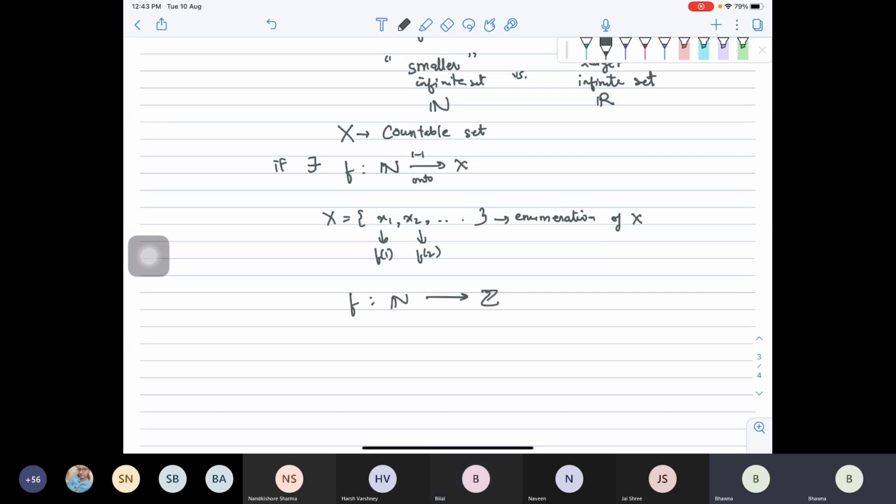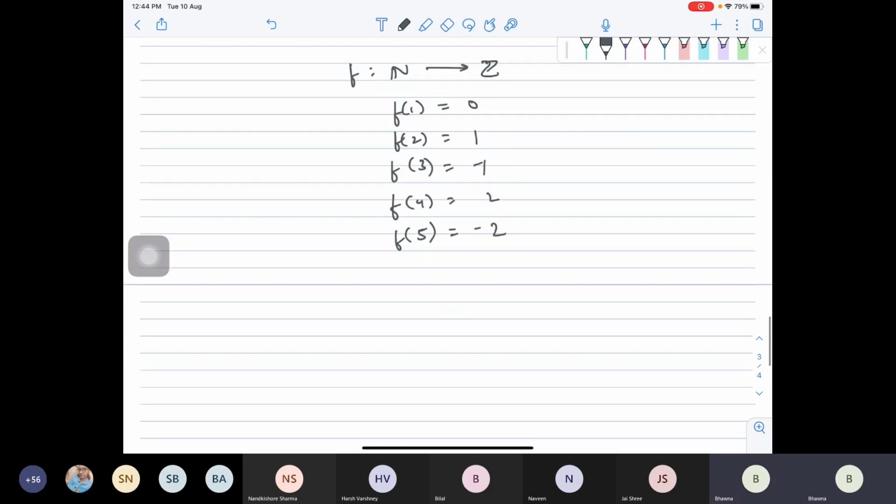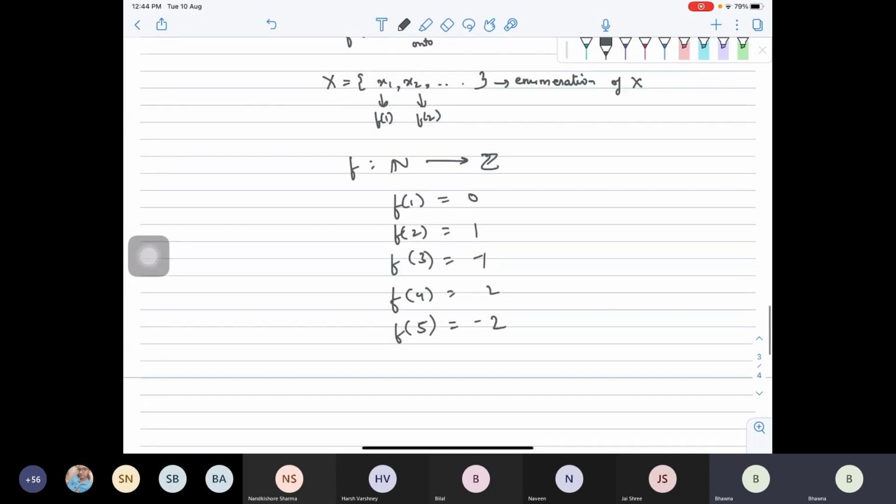I can define a function, one-one and onto, f(1) to be 0, f(2) to be 1, f(3) to be -1, f(4) to be 2, f(5) to be -2, and so on. This way I can always define such a mapping which is one-one and onto. Therefore, Z is countable.